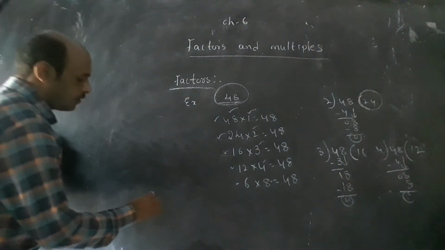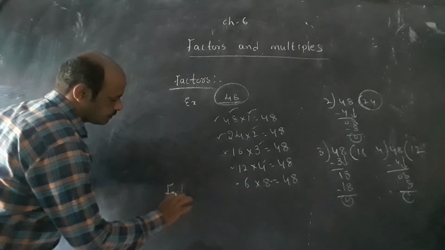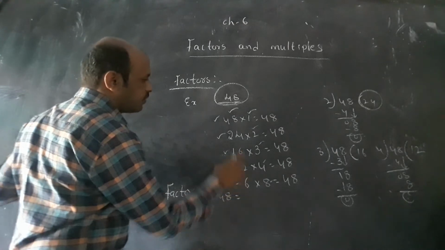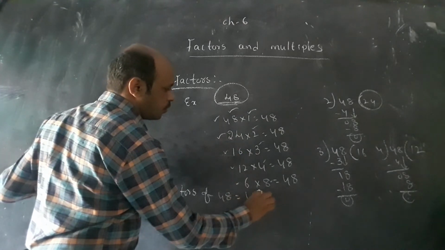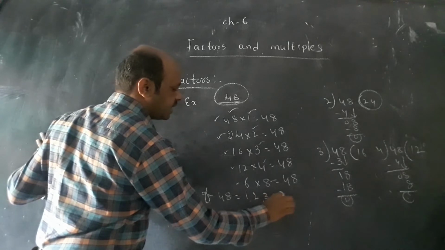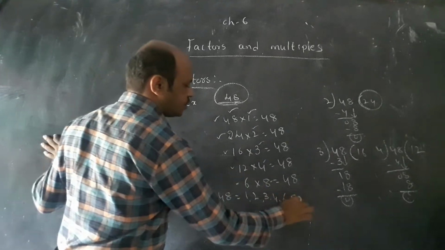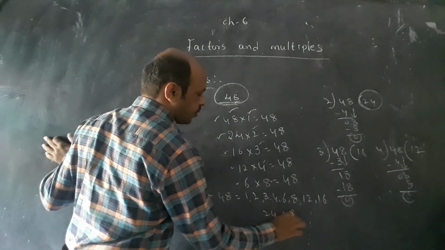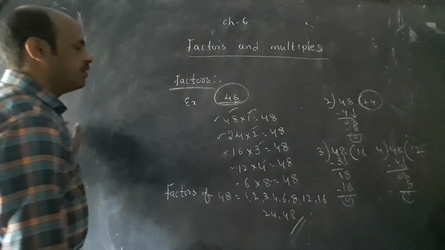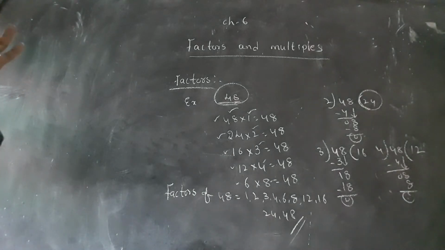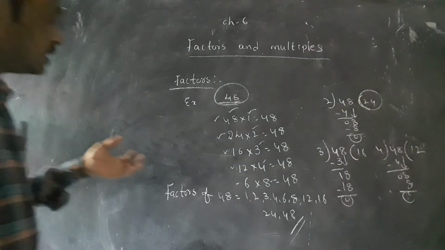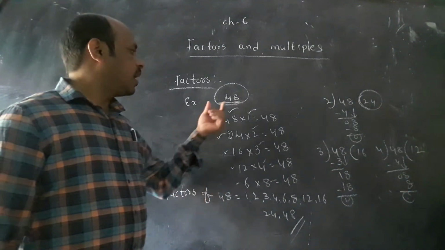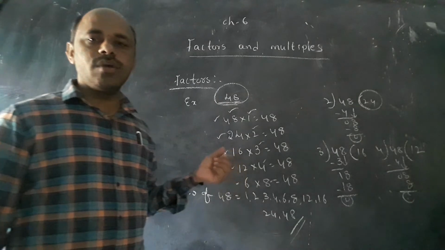Now we have to write: factors of 48 are 1, 2, 3, 4, 6, 8, 12, 16, 24 and 48. All these we say are the factors of 48. This is the way we have to find the factors of numbers. I only explained about 48, only one number.